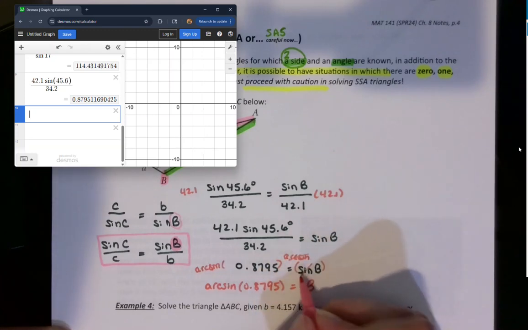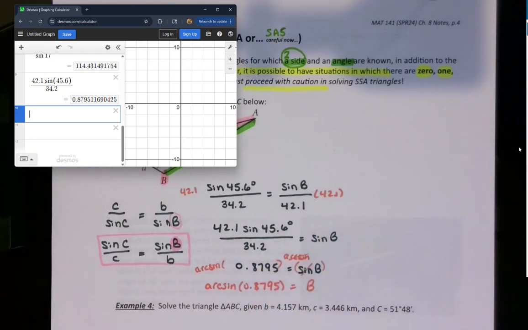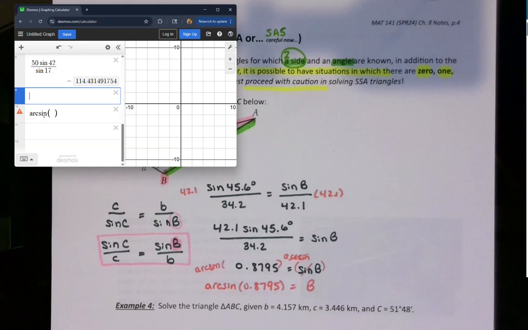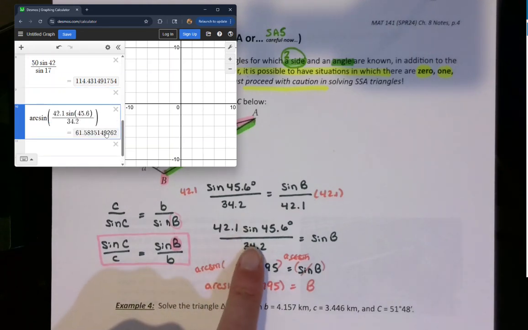And then arc sine and sine being inverses, they're going to return the angle B. All right, so arc sine, and I'm going to copy this whole number, or actually, if I was planning ahead, I could have typed that entire fraction right inside the arc sine function.